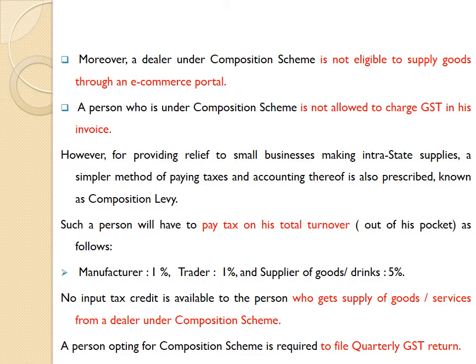That is very important. A person opting for the composition scheme is required to file a quarterly GST return. It means that a person adopting the composition scheme has to file a quarterly return.